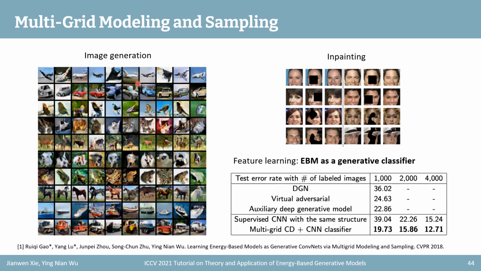The figure on the left shows some images generated from the learned model after learning from the CIFAR dataset. The figure on the right shows some examples of inpainting, where the first image is the original image, the second image is a masked image where some of the pixels are masked so that they are not observable, and the third image is a recovered image.